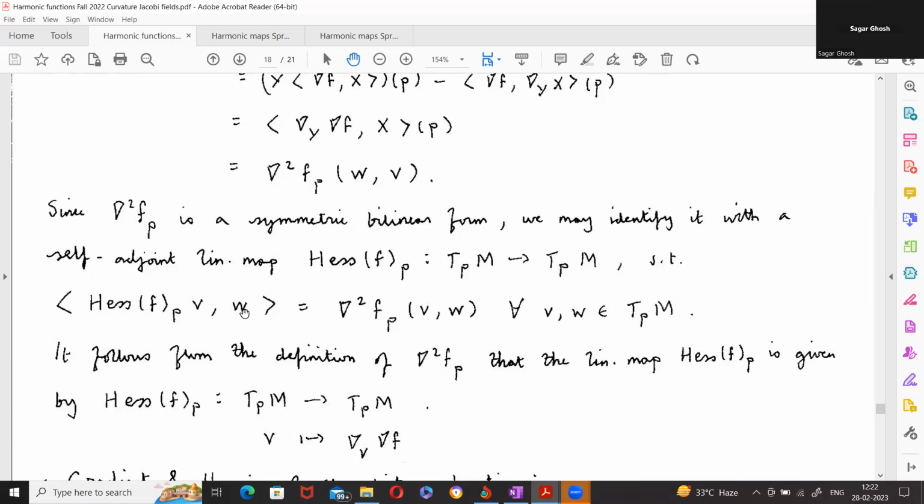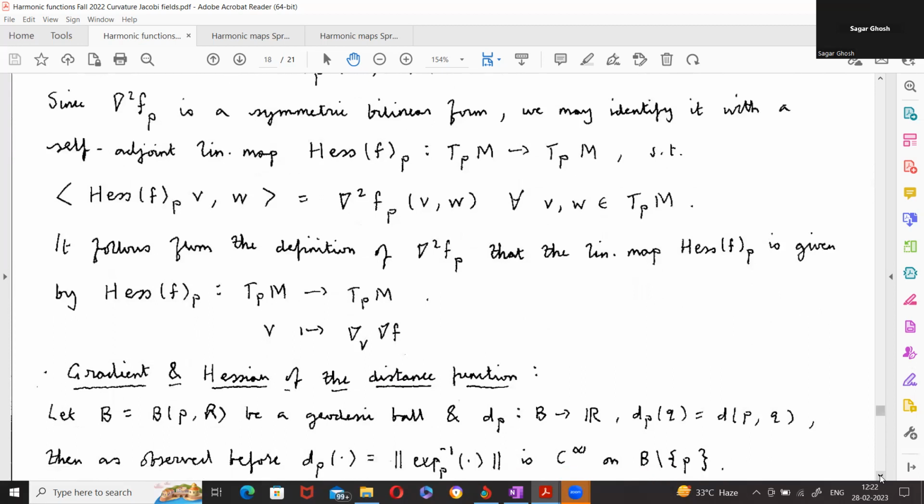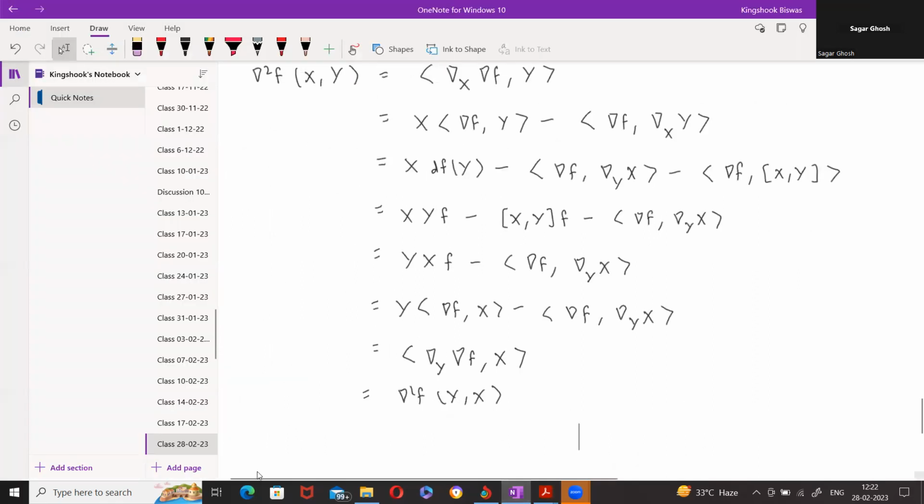So from the definition of the Hessian, that is the symmetric bilinear form, this linear map from TpM to TpM is given by just V goes to nabla sub V of grad f. Is that clear? This is a linear map from TpM to TpM. So we have this correspondence.